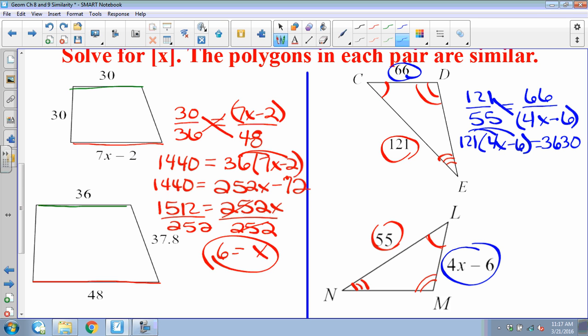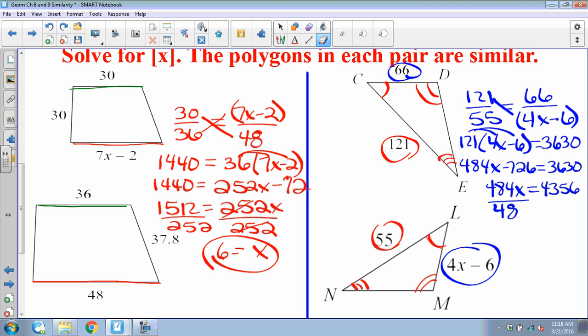Now we distribute the 121, and we get 484x minus 726 equals 3630. We add 726 to both sides, so you get 484x equals 4356. Divide by 484.